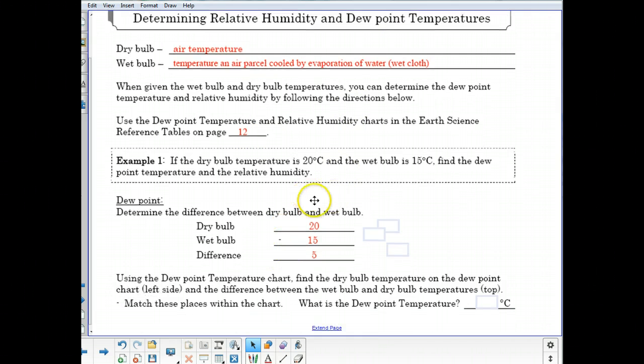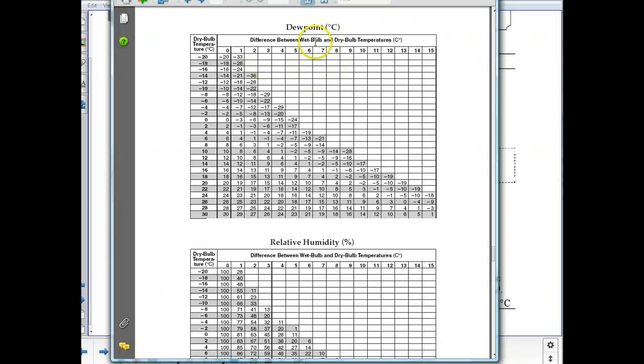So then you go to the chart. You know that the dry bulb is 20 and the difference is 5. I follow that down and I follow this over, and we get 12 degrees Celsius as the dew point temperature.